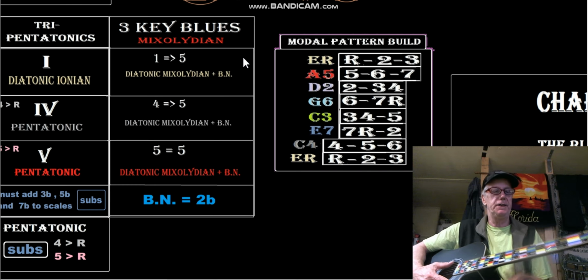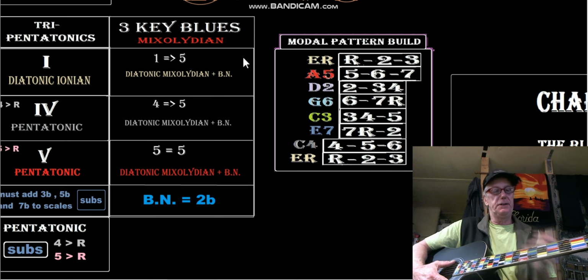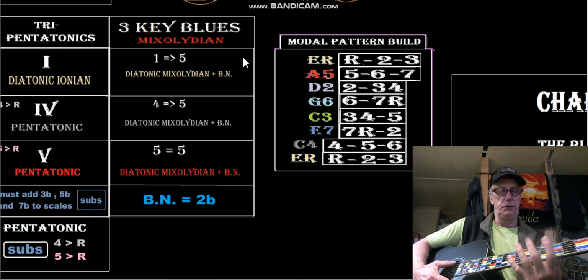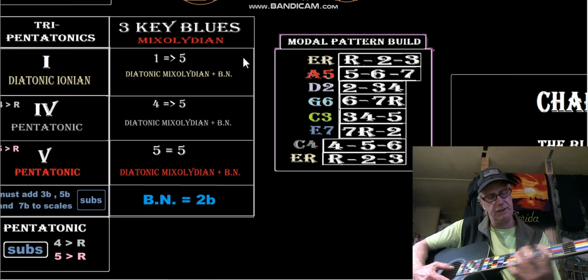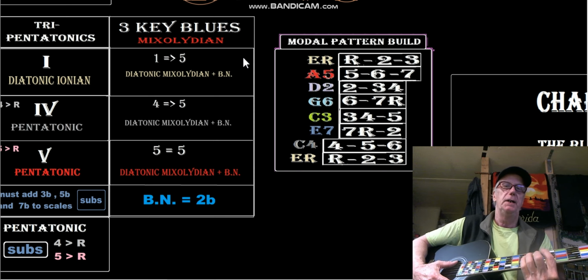It's really easy because the Mixolydian scales are just 3 whole note groups. It's extra long, 1, 2, 3, 4, 5, 6, 7, root. That's a Mixolydian on F.